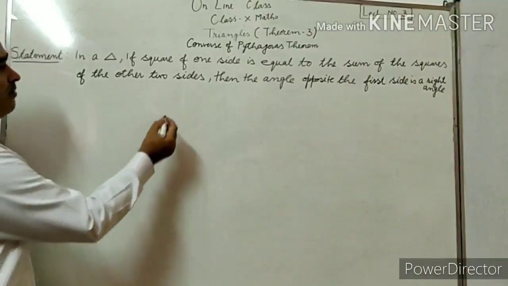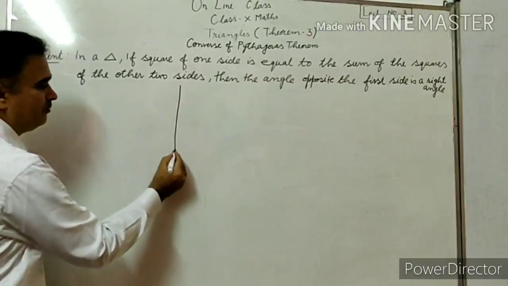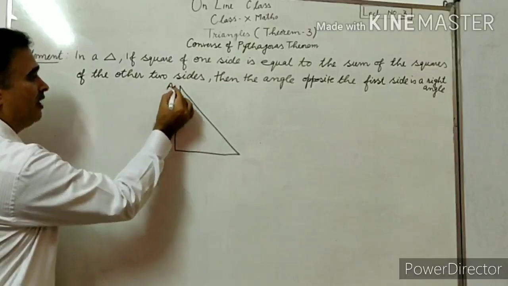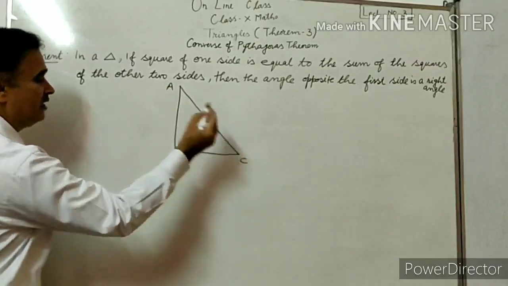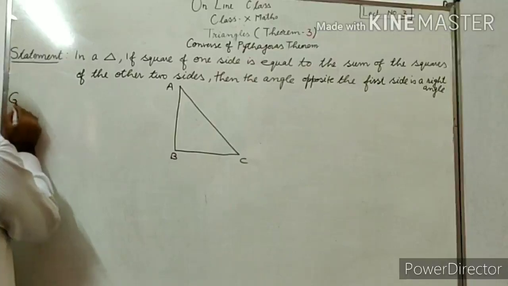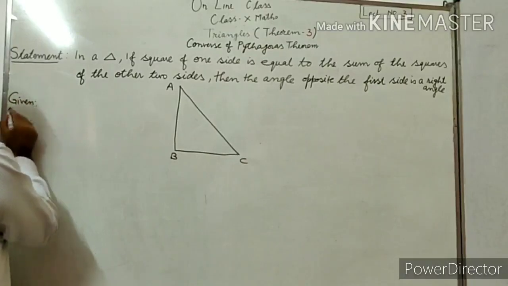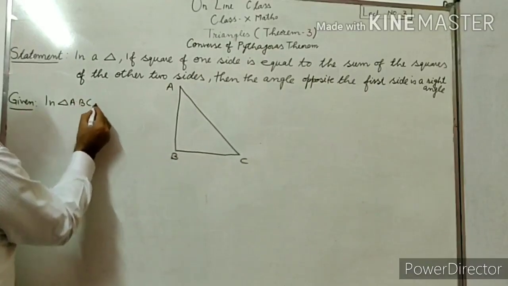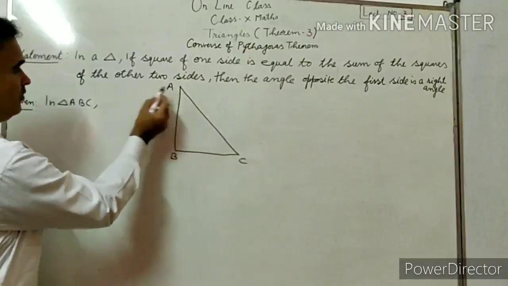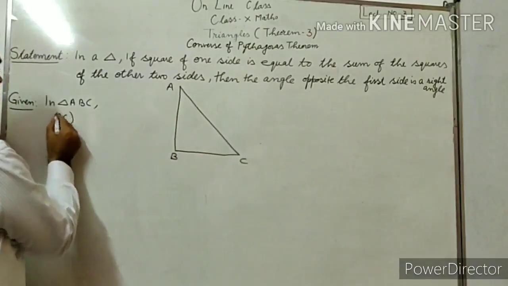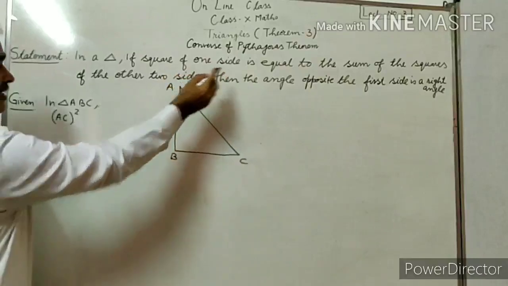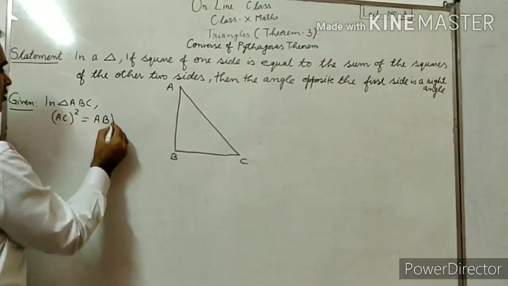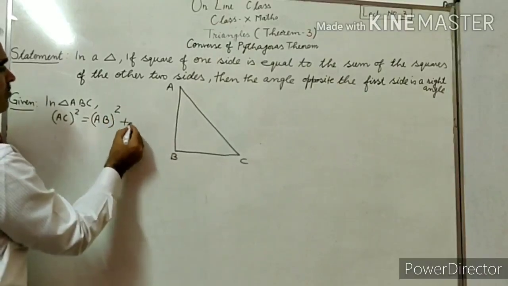So let's start this. We are to draw a triangle, but we are not to show here that it is a right angle. We draw ABC as a triangle. As I told you, in triangle ABC, square of one side, we take AC square, is equal to AB square plus BC square.